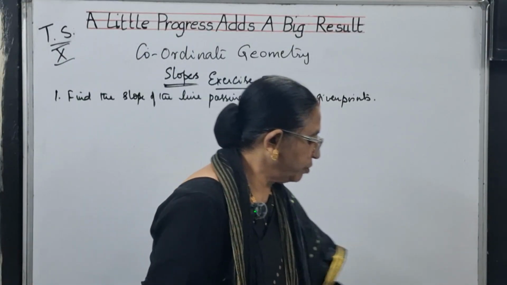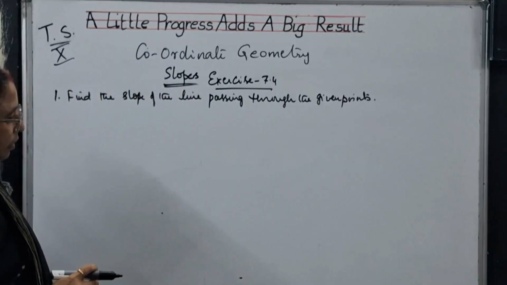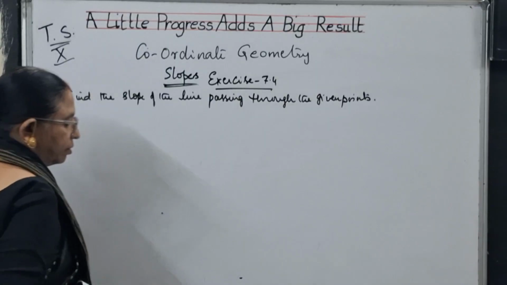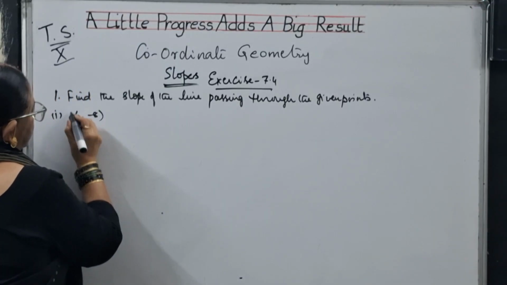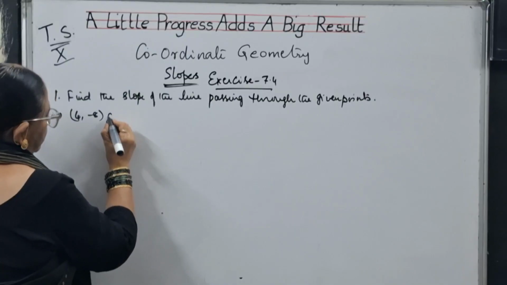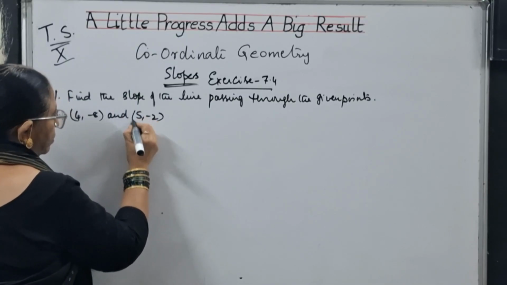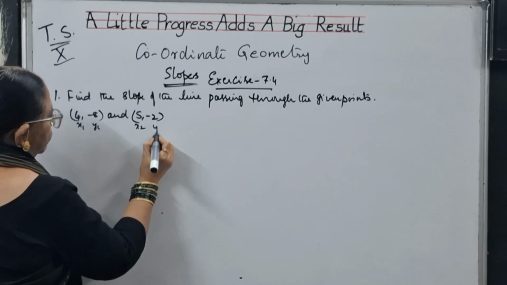Exercise 7.4, children. In this, find the slope of the line passing through the given points. First one is 4, minus 8 and 5, minus 2. So this is x1, y1, x2, y2.